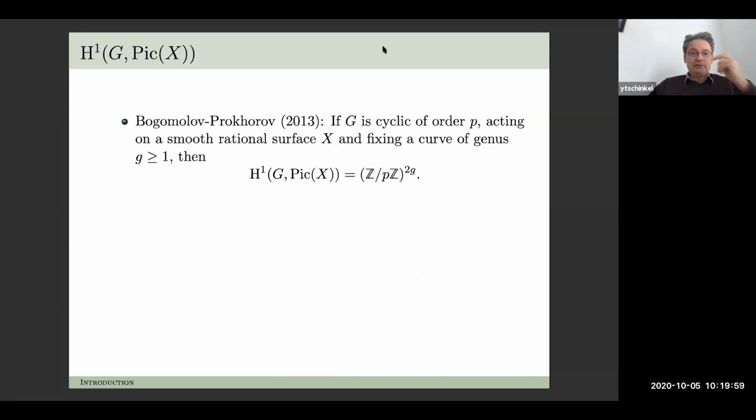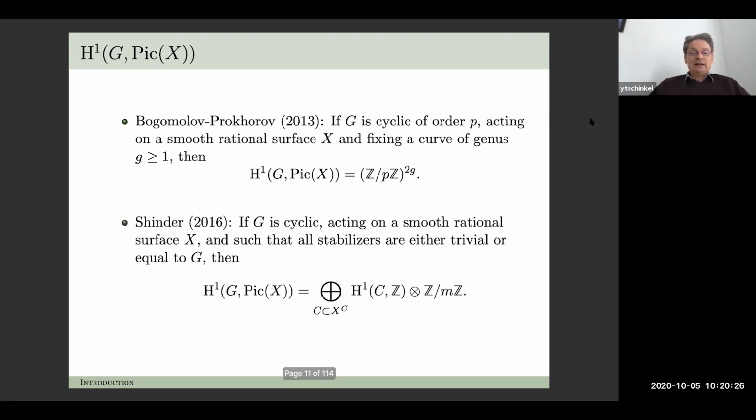So here is a theorem by Bogomolov and Prokhorov that if G is a cyclic group of order p, a prime number, acting on a smooth rational surface and fixing a curve of genus at least 1, then we are guaranteed to have non-trivial H^1. In fact, H^1(G, Pic) is (Z/pZ)^{2g}, where g is the genus of the curve.